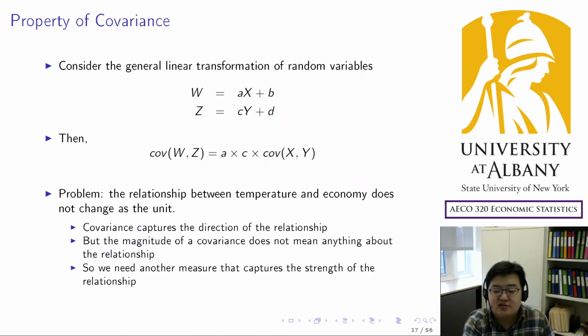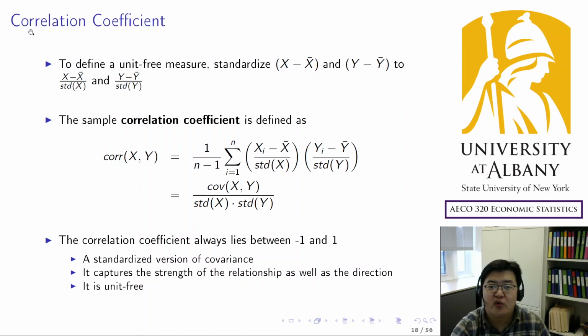It changes as the measurement unit changes, so it's not a desirable property. So as I said, we would like to standardize the covariance, and construct a new measure that does not change even when the measurement unit changes. That is the correlation coefficient.